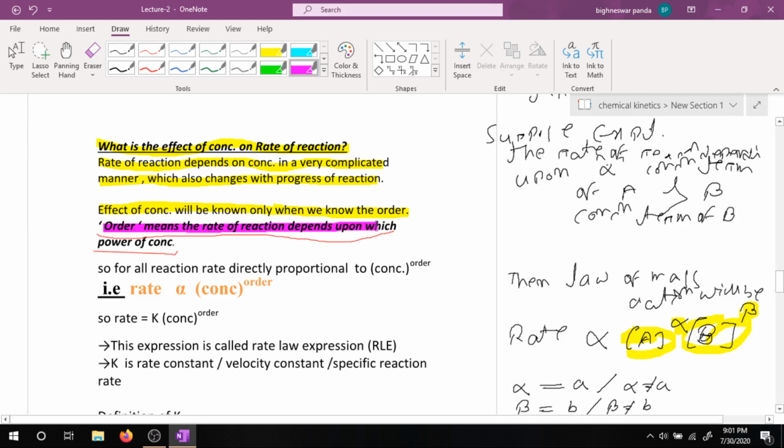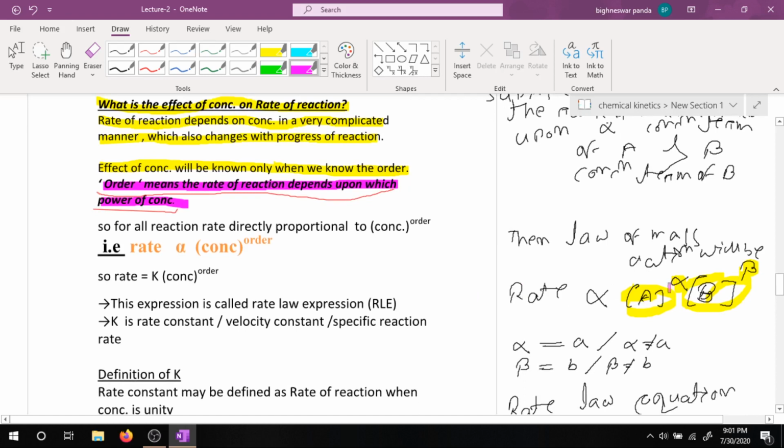For example, here A to the power alpha means the rate depends upon the alpha power of the concentration of A. Similarly, the rate depends upon the beta power of the concentration of B. So simply, order means the rate of reaction depends upon which power of concentration.